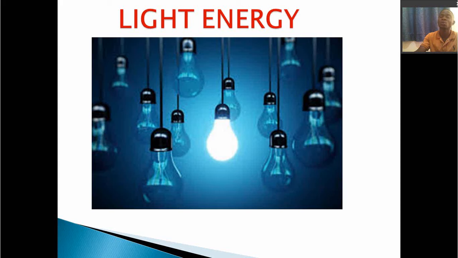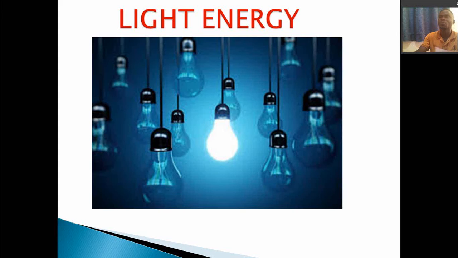We looked at the different properties of light: light travels in a straight line, light forms shadows when obstructed, and many more. We also looked at the importance of light in our daily life and the sources of light. We said that we have natural sources of light and artificial sources of light.